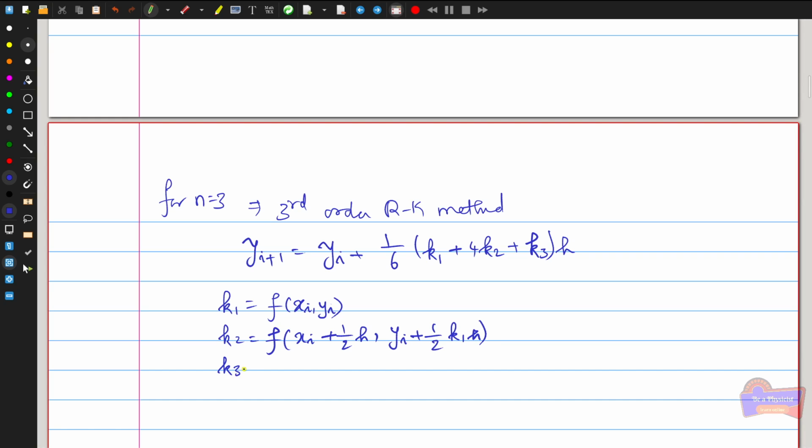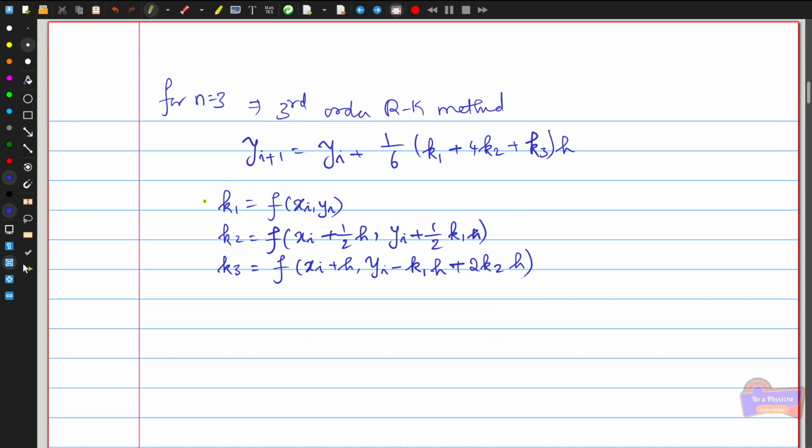Similarly, k3 is equal to the function of xi plus h comma yi minus k1 into h plus 2 k2 times h. So these are the slope values of k1, k2, k3. Suppose x is varying from xi to xi plus h, and you are finding the solution using the initial condition.